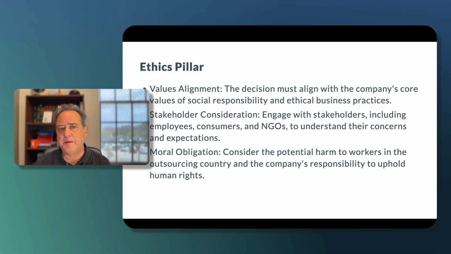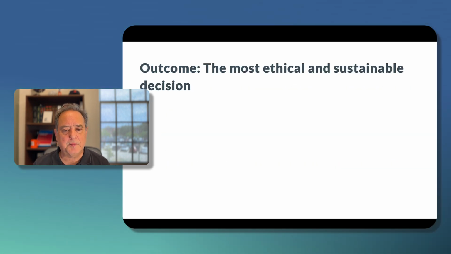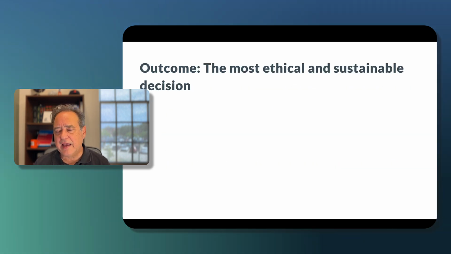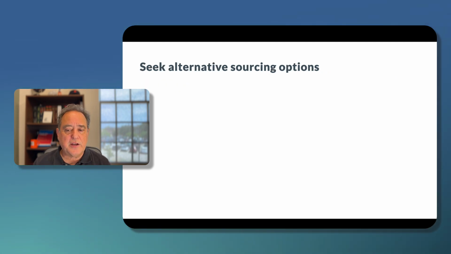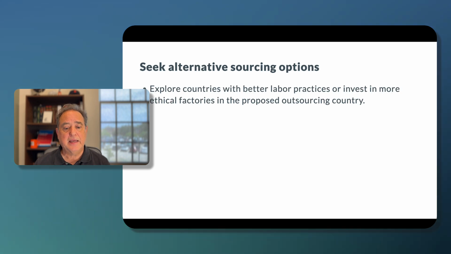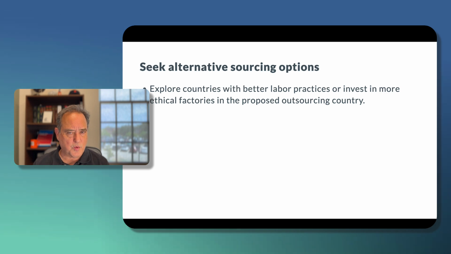And now we come to the time we have to decide. So what is the most ethical and sustainable decision? Well, first of all, we could seek alternative sourcing options, meaning there may be countries that will also allow for a lower cost of production, but who have better labor practices.